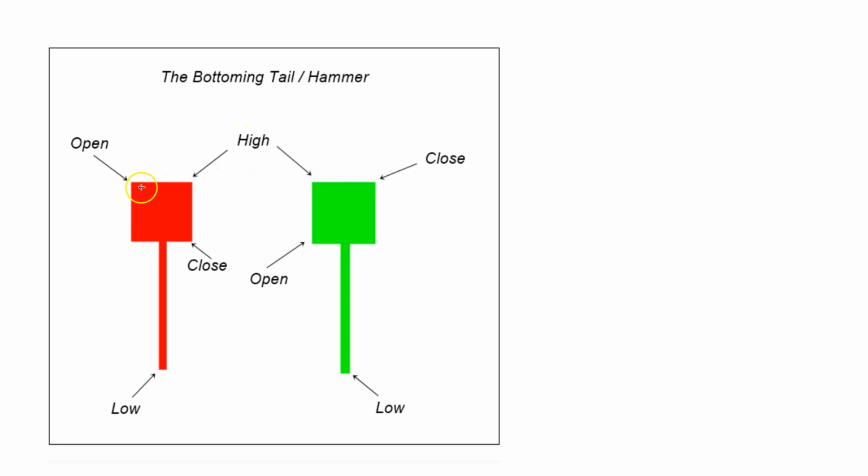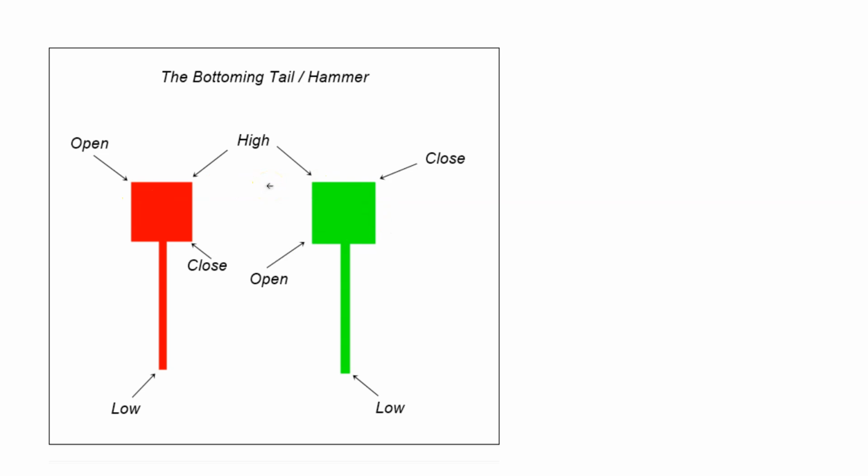So the red candle, red bottoming tail, it opens higher and closes lower, while the green candle opens lower and throughout the trading day it goes low, and at the end of the day it closes higher. So both are the same, they tell the same story.